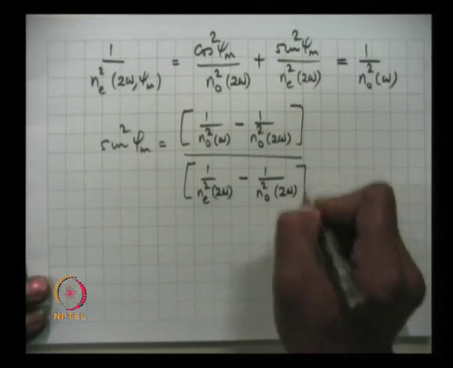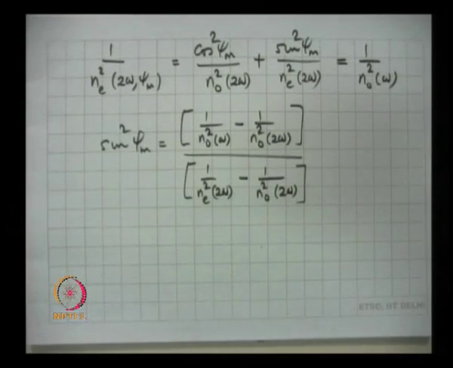You just write the cosine in terms of sine, simplify this equation, and there is a specific angle at which, depending on the ordinary and extraordinary refractive indices of the crystal and depending on the dispersion in the crystal, it is possible to achieve birefringence phase matching.